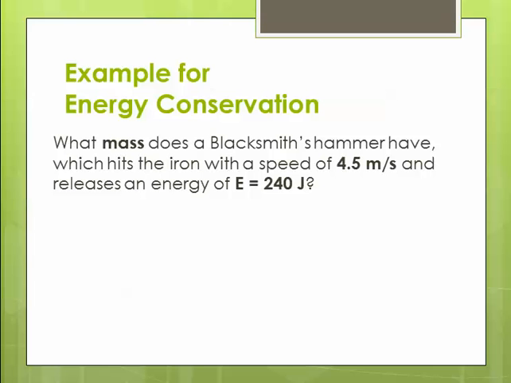Now, if we want to solve that, we need to assume that all the kinetic energy of the hammer is transformed into deformation energy and heat. So we assume that energy is conserved.